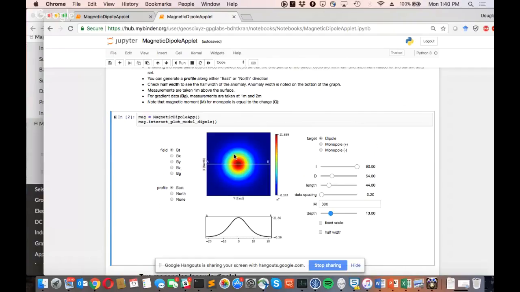So if I'm sitting right above here, then the anomalous field is coming vertically down, so it's parallel to the Earth's field, and so I'm going to get the total magnetic field from this thing as a number.